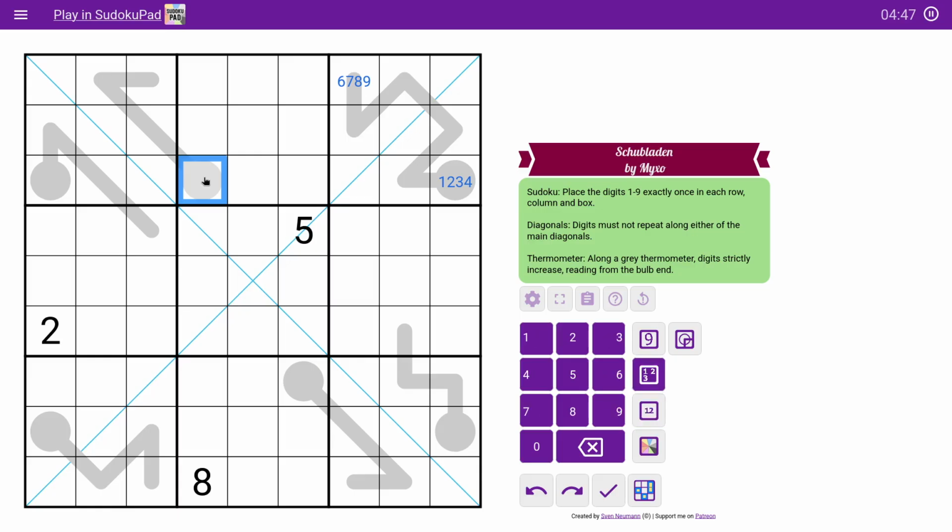If this is a 2, then there's a 2 here. Impossible. So this cannot be a 2. Let's review that again. This digit is here. If it's a 2, it's here.